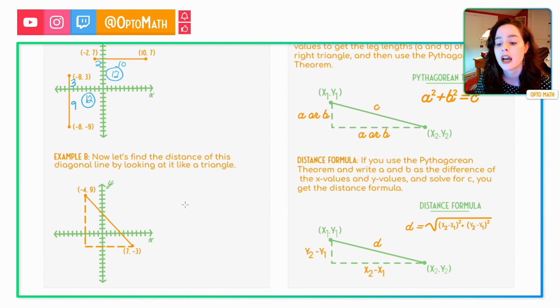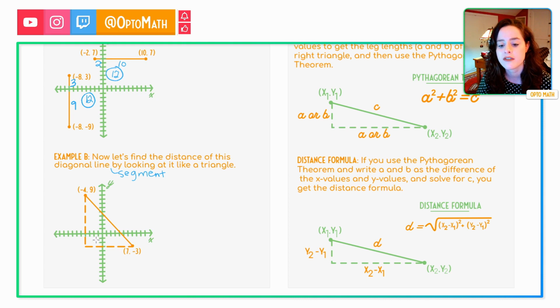So now let's find the distance of this diagonal line by looking at it like a triangle. And technically this is a line segment, right? It has 2 endpoints. It stops on each end, so it's a line segment. So we're thinking about this as a triangle with our dashed lines.